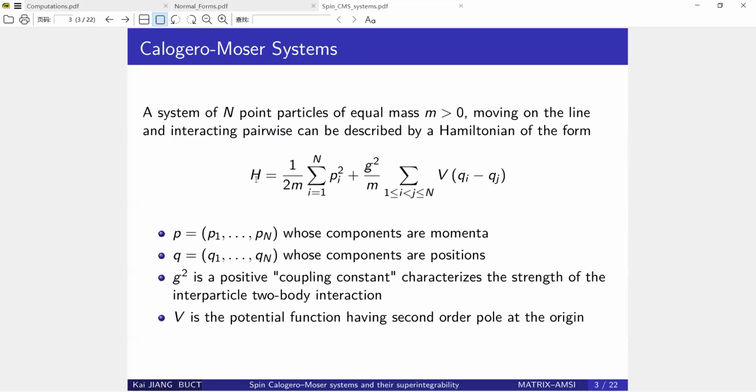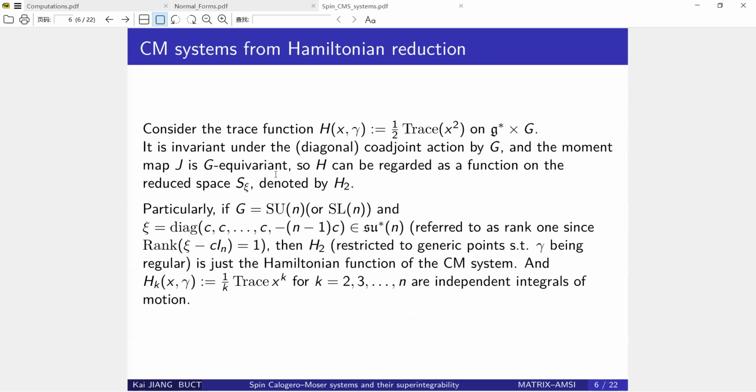It can be directly computed as the same as the Hamiltonian we defined before, and we can use the Lax pair and so on to show that this trace function is exactly the same. It is invariant under the diagonal co-adjoint action by G.